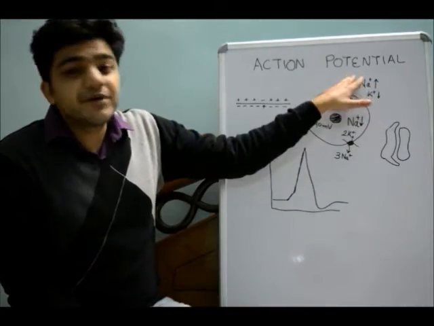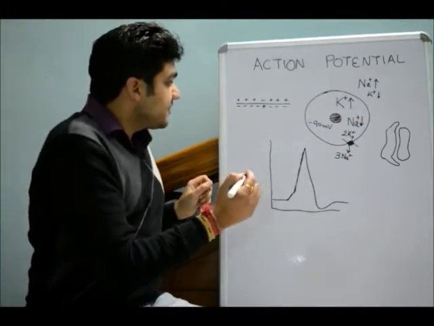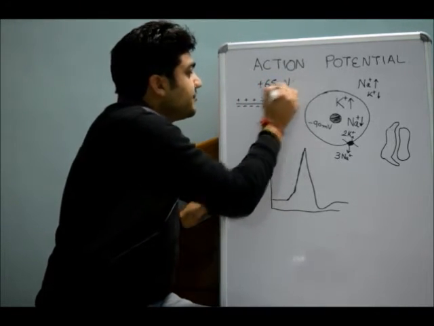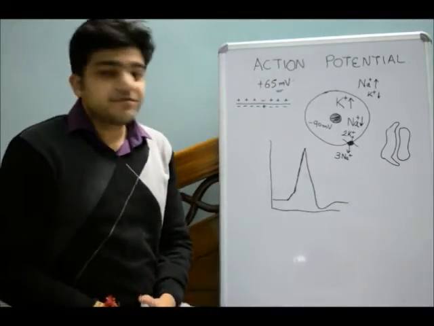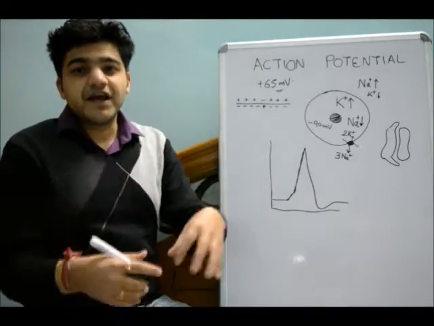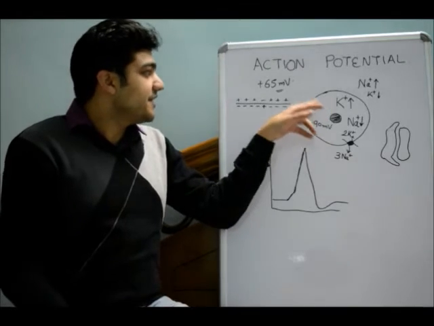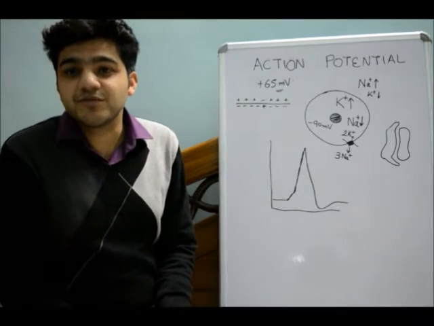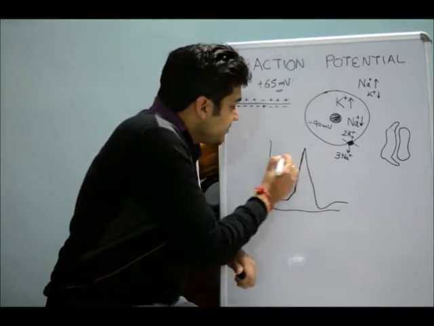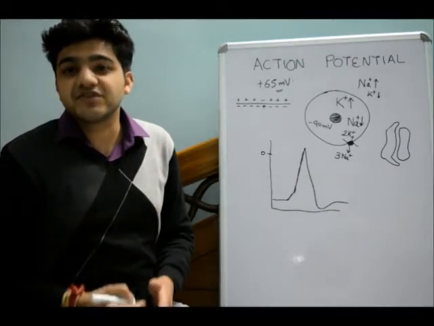So for sodium ions in this human cell, the Nernst potential is plus 65 millivolts, which means if the sodium channels are open, so much sodium will enter the cell that the inside of the cell becomes plus 65 millivolts. So this potential might even cross 0 and make it towards the positive side.